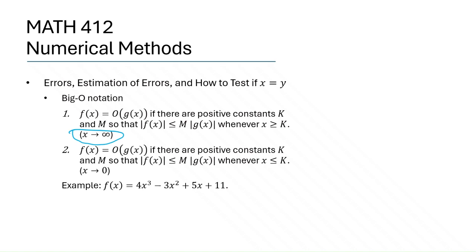This is a commonly used notation in computer science. Here x is the problem size. For example, if you want to find a number x in a group of numbers, how many numbers are there? Say there are n numbers, and that n is the problem size.